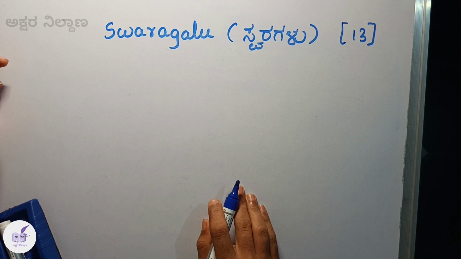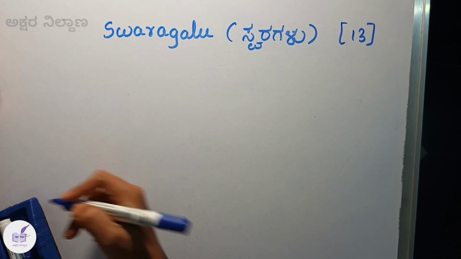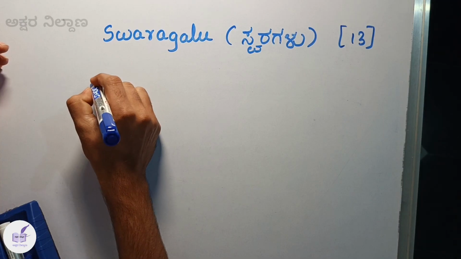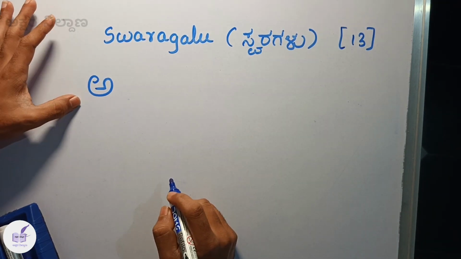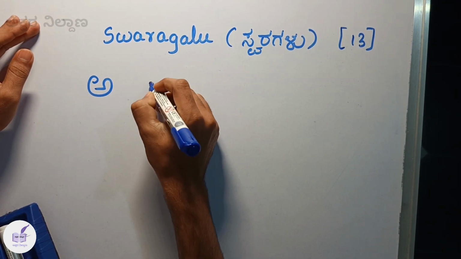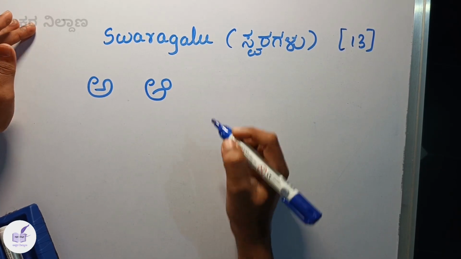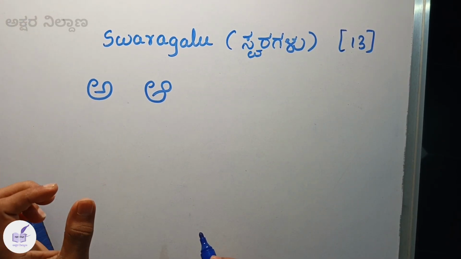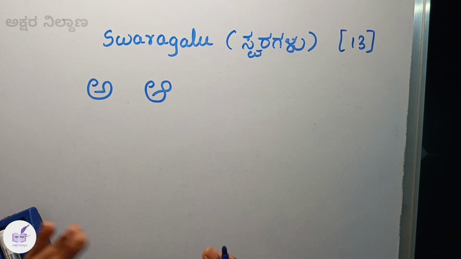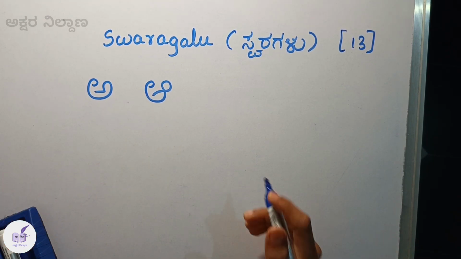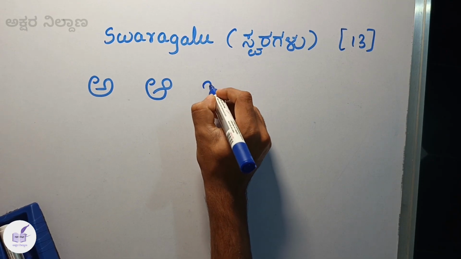Let's go one after the other. The first letter is A. The next letter is A. The first letter is a simple pronunciation, while for the second letter you need to drag the sound. The third letter is E.